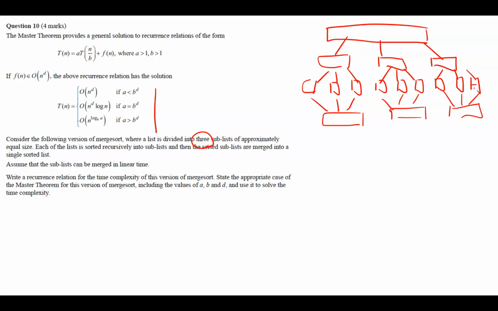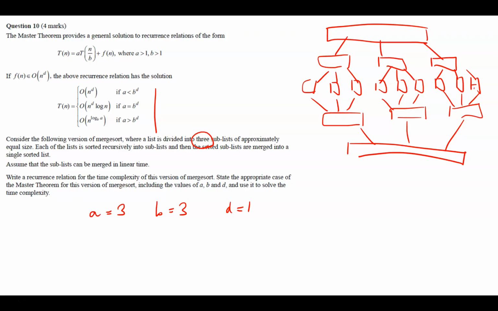Now you notice here the version of the master theorem we've got is ever so slightly different, but that doesn't really affect anything. So we are splitting into A problems, into 3 problems. We're splitting into size of a third, so B equals 3. And we know from merge sort we're doing D, so the function is big O of n to the power of 1, so D equals 1.